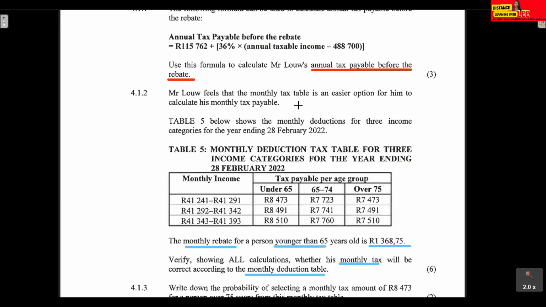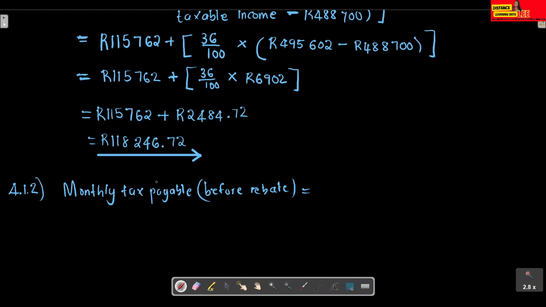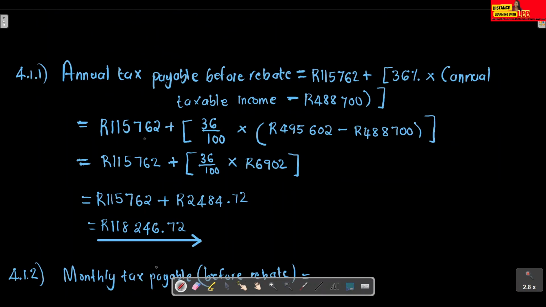So how are we going to start off this question? We're first going to have to calculate his monthly tax payable before the rebates. How can we get that? Remember in question 1.1 we got his annual tax payable before rebates.